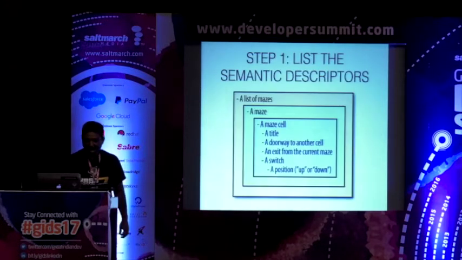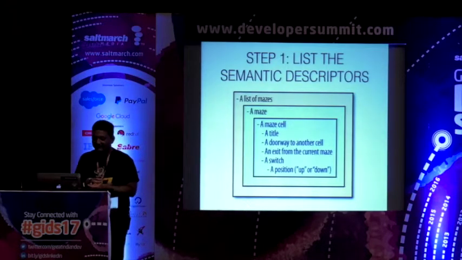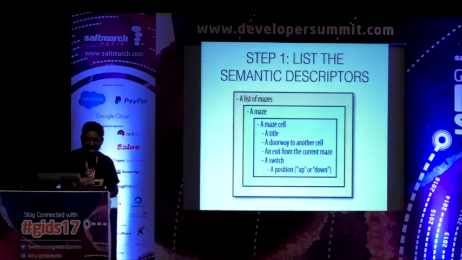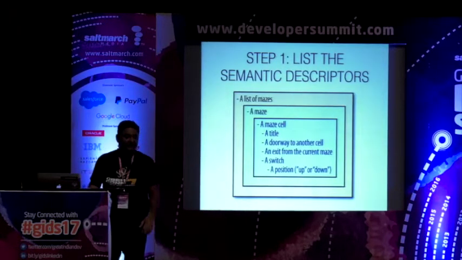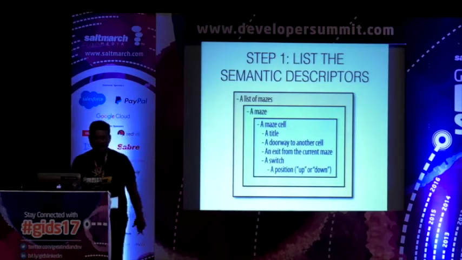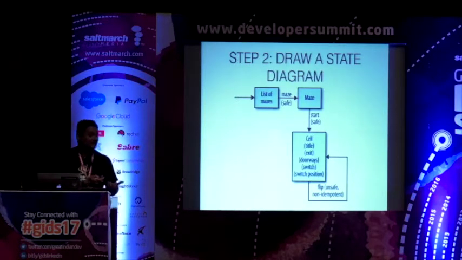To build that game, you first find out what semantic descriptors are available for it. The maze can have a title, there will be a door, and there is an exit. Based on that exit, there is a switch position, up and down, left and right. Then you design some kind of state diagram.